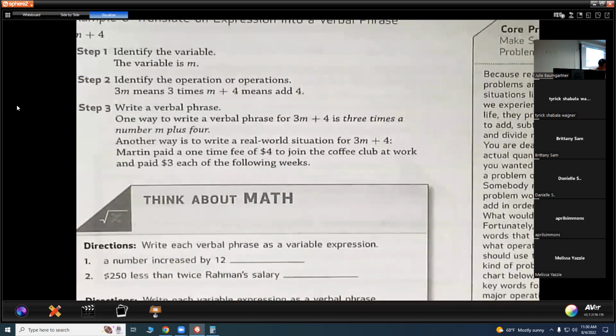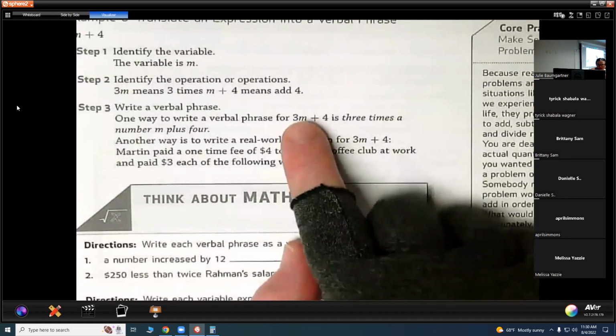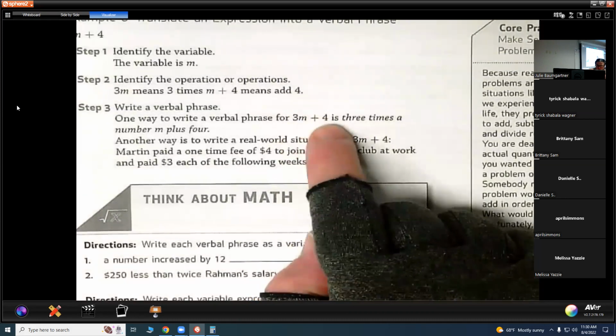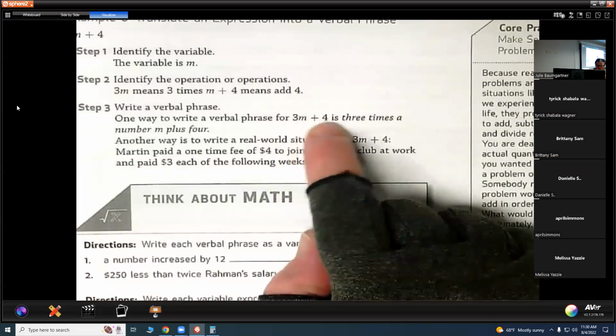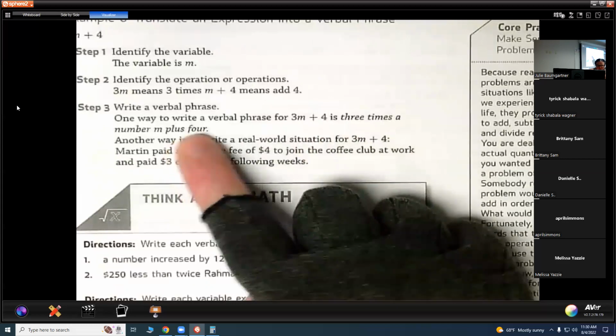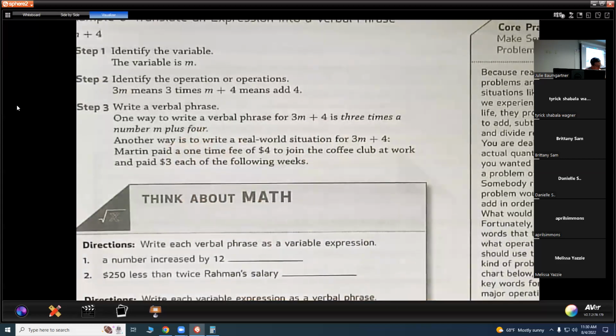We don't have to worry too much about example 6 because it's just kind of undoing, so we're just going from the numerical back to the verbal or written style. So if we have 3m plus 4, that is 3 times the number m plus 4.